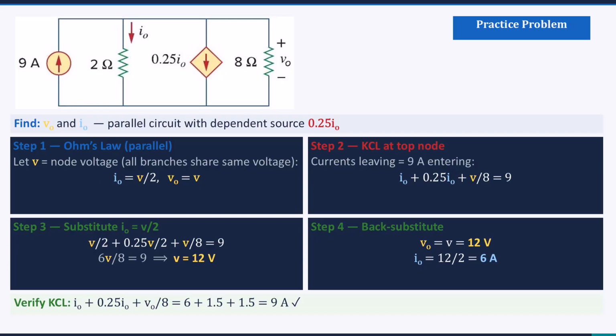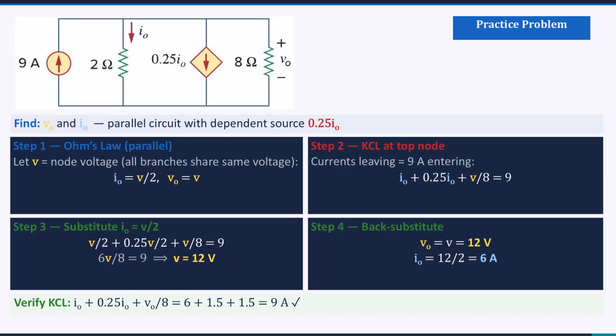V0 equals V equals 12 volts. I0 equals 12 divided by 2 equals 6 amperes. Verify KCL. Currents leaving the top node, 6 plus 0.25 times 6 plus 12 over 8 equals 6 plus 1.5 plus 1.5 equals 9 amperes, matching the 9 amperes entering.